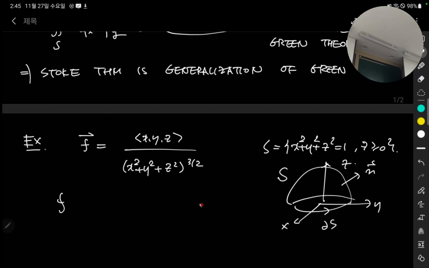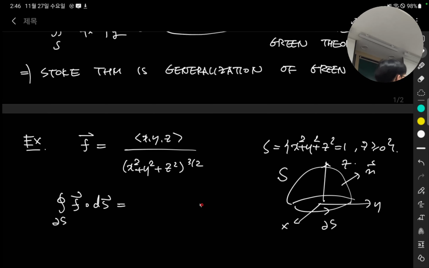Now let's say I want to compute the line integral. By definition, if you want to compute the line integral, you have to parameterize the curve first. Here it's a simple curve. It only runs through the xy plane. If you want to plug in there, you can do it, but let's try the Stokes theorem.